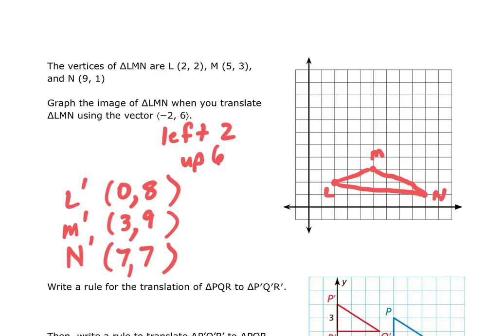So you could just take those 3 ordered pairs and plot them, or you could still just count whatever direction you want to go. Now, if I wanted to come up with the ordered pairs, I could also plot them first and then just identify where the ordered pairs are at. So there's a couple different routes that you can go here. So L, we're going to go left 2, up 6, and make our new point.